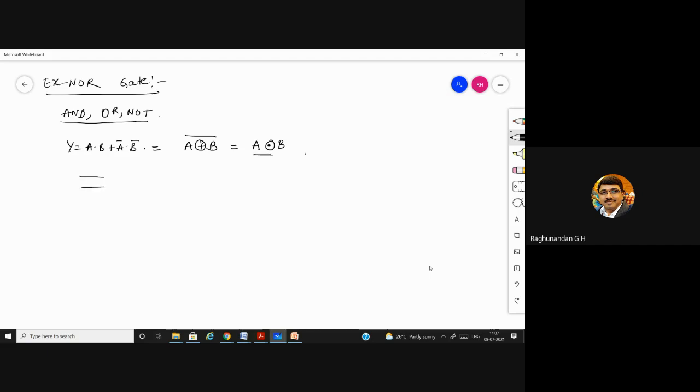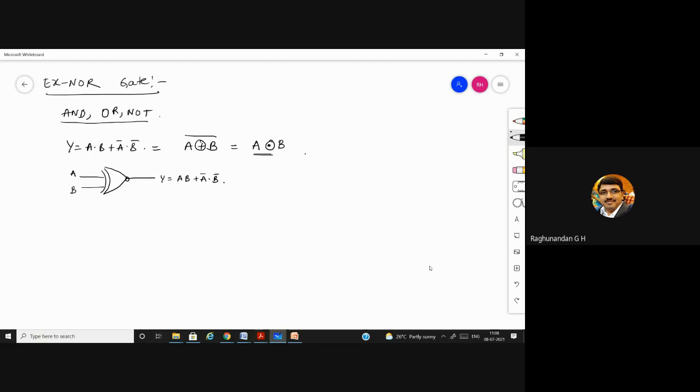So this will be with a bubble. So y is equal to ab plus a bar into b bar. So this is a and this is b.